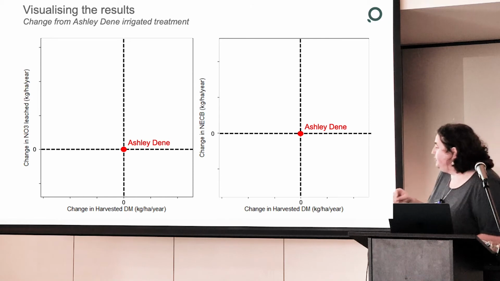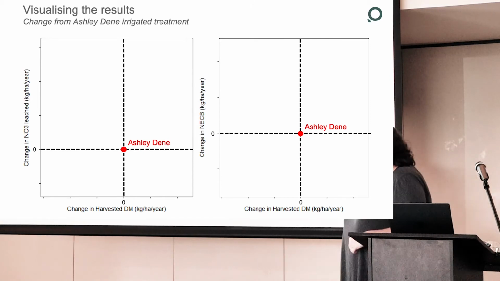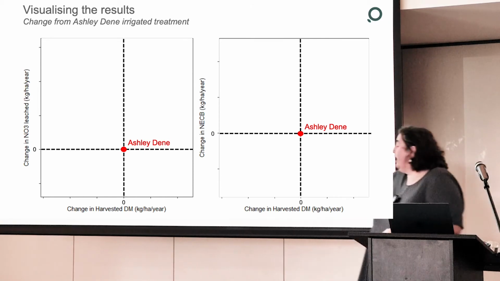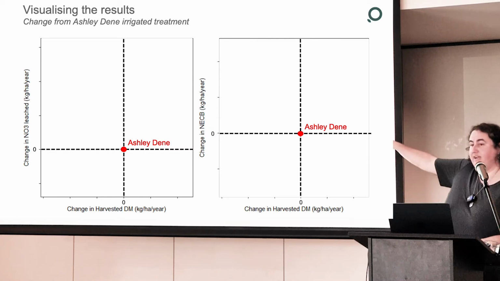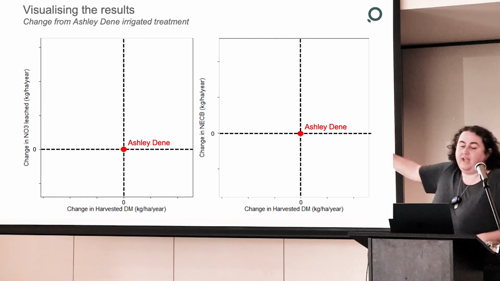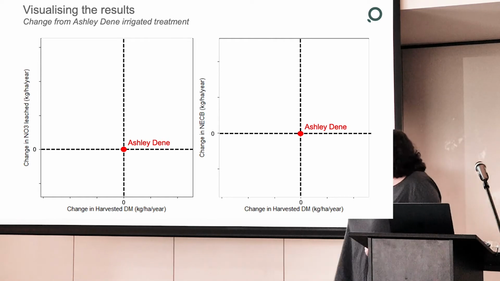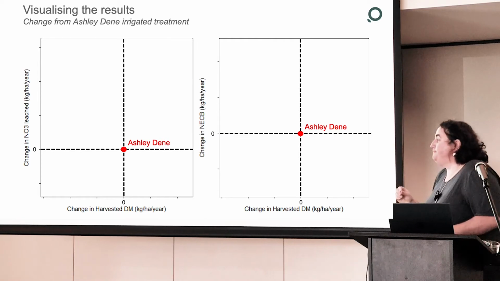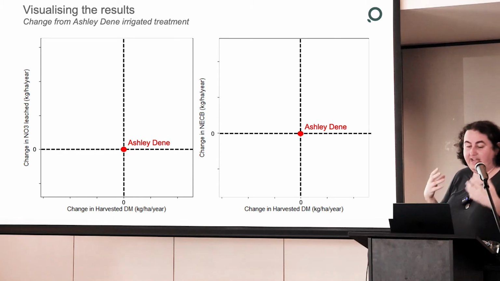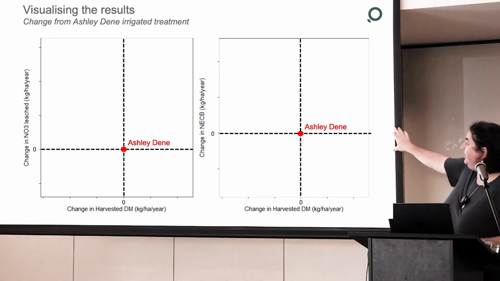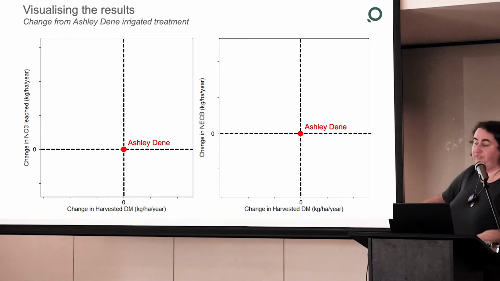So on the two panels, on the x-axis, we have the change in harvested dry matter, and it's the change from that base scenario, so what's going on currently in the irrigated treatment of Ashley Dean. And on the y-axis, on the left-hand panel, we have the change in nitrate leached annually, and then also the change in net ecosystem carbon balance for the year.